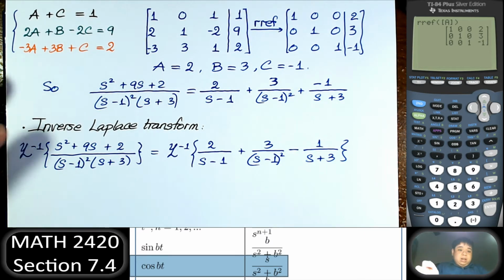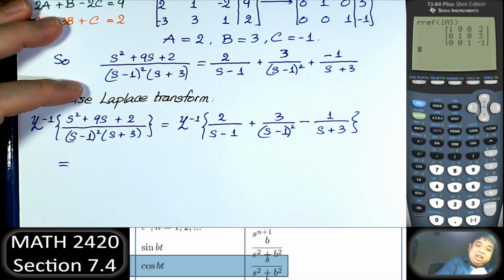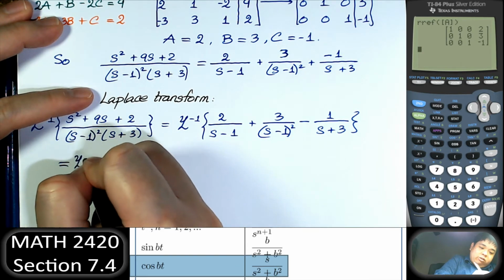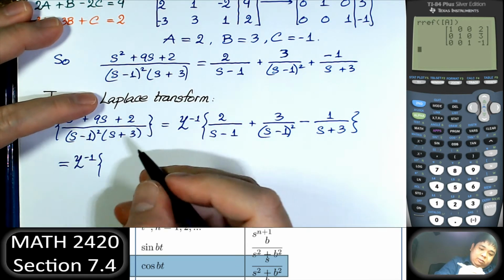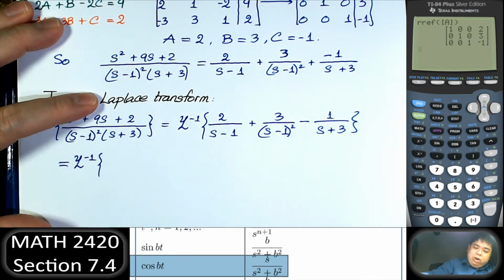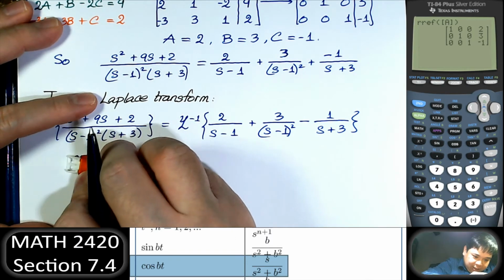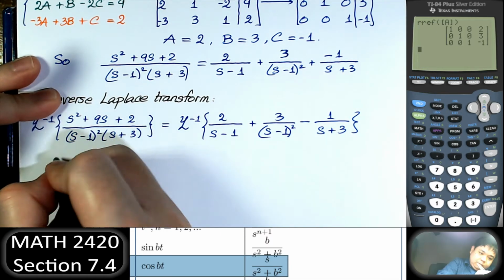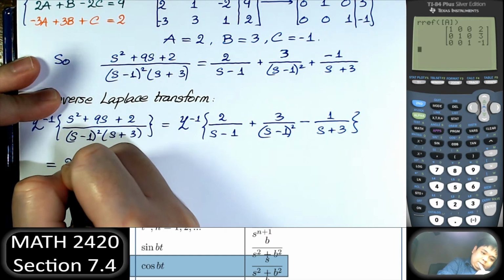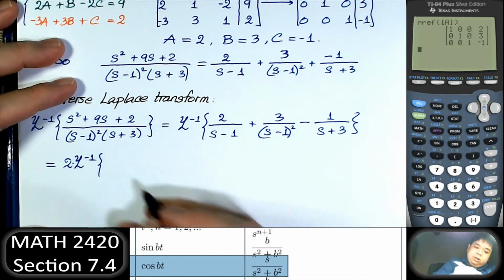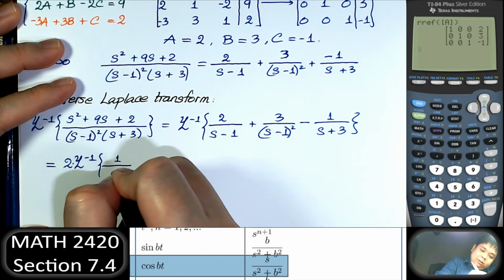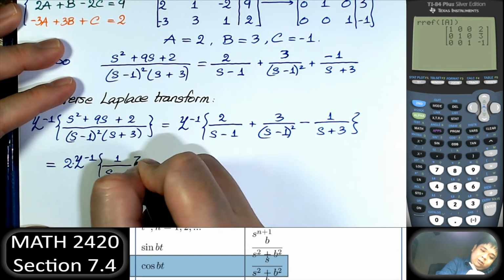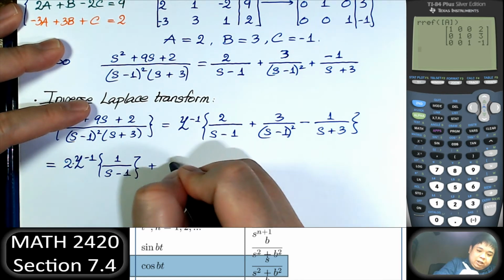Now, just split them apart because of the linearity of the inverse Laplace transform. And we can even take the 2 outside. Take the 3 outside.